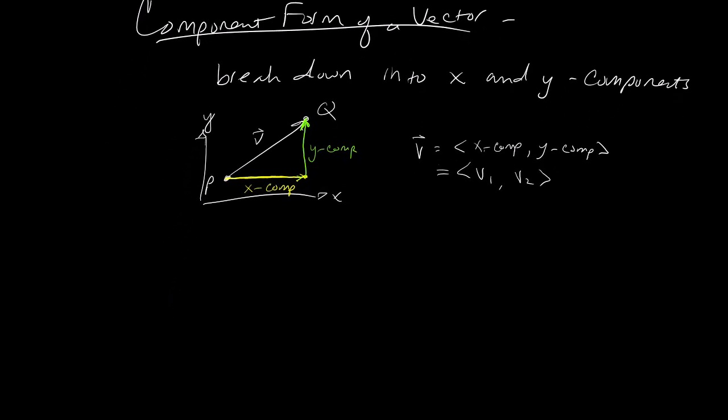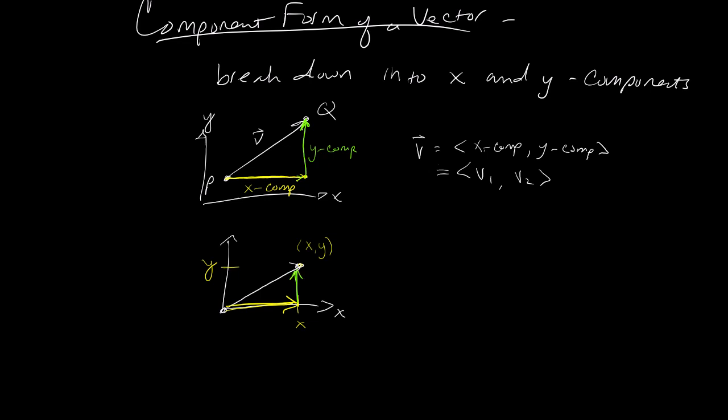Now the nice thing about this is if we were to relocate this vector so that it started at the origin, to make the same vector with the same magnitude and direction, then if this is point (x, y), the components are simply the x value and the y value. Those are our components.